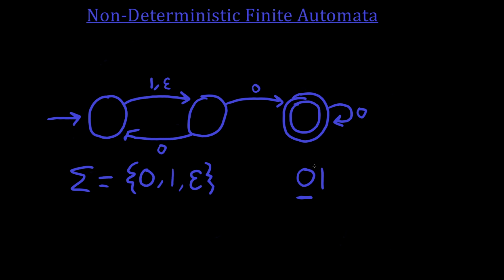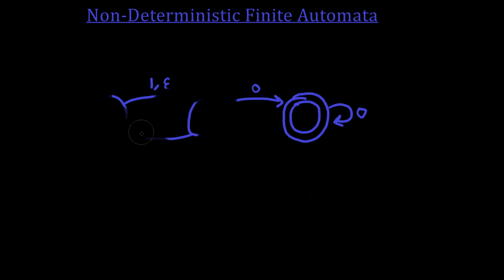That is basically all of the main differences between NFAs and DFAs. We have epsilon transitions, and we can also have 0 or multiple transitions for a particular character on a particular state.